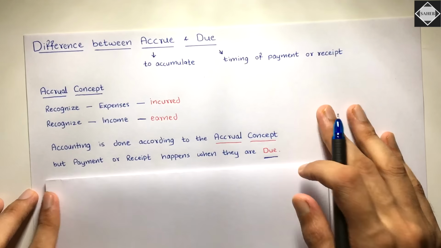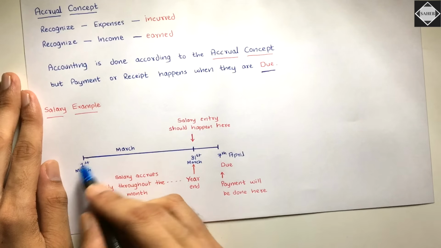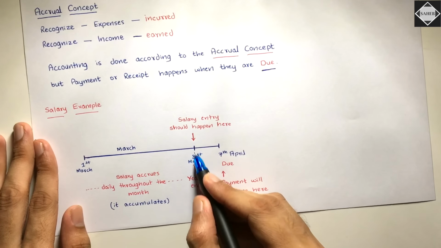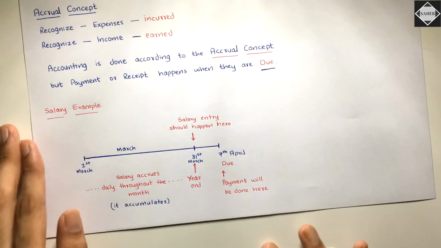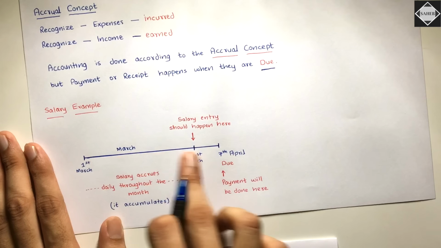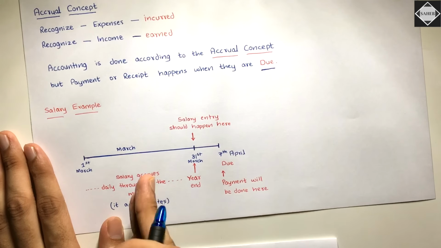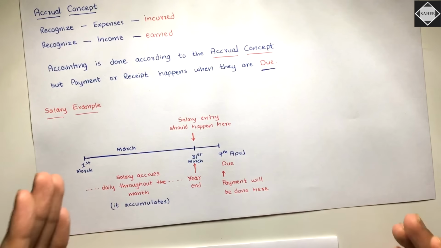So let me give you an example of salary. Let's say this is 1st March, this is 31st March, the end of the accounting year, the year end. The salary of March will be paid in the next month, that is in the next year, on 7th April. 1st March 2024 to 31st March 2024 is the current accounting period, isn't it?